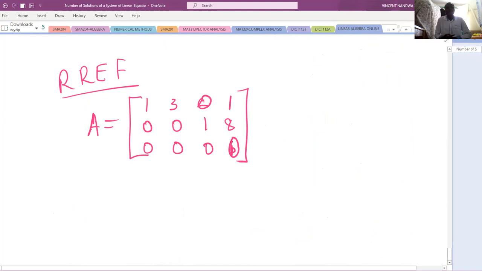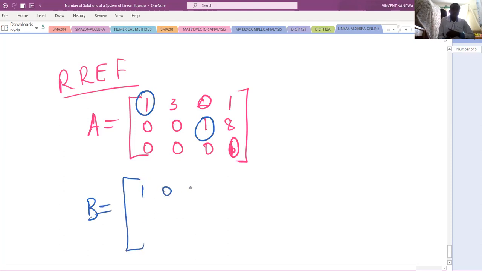This is also in reduced row echelon form, because these are the leading ones, and in all those columns, the other positions are taken by zeros. I can have another matrix, 1, 0, 0, 0, 1, 0, and then 0, 0, 1. This is also in reduced row echelon form.